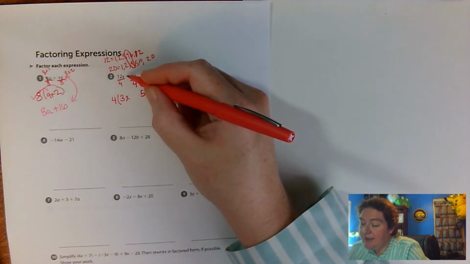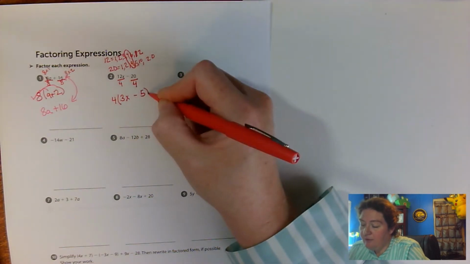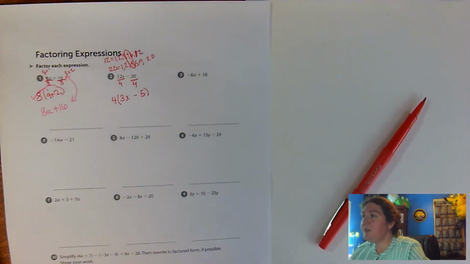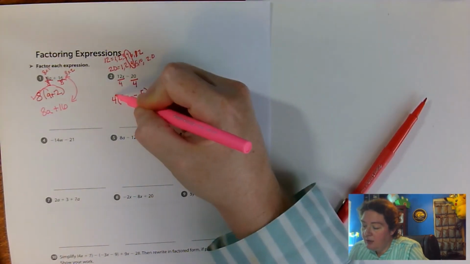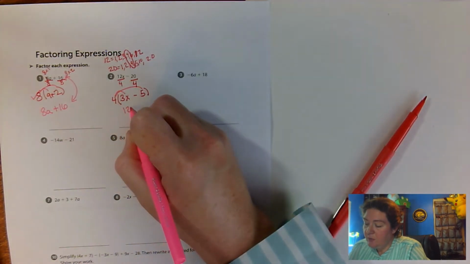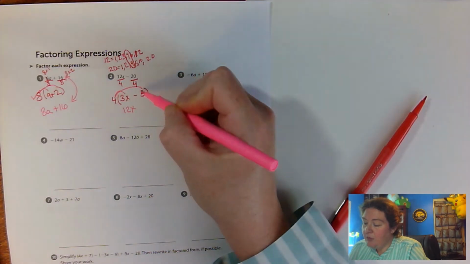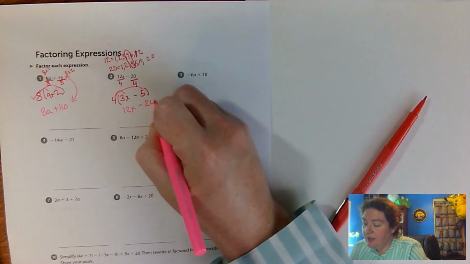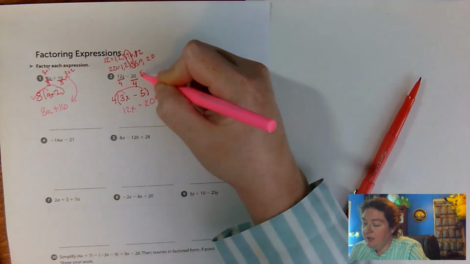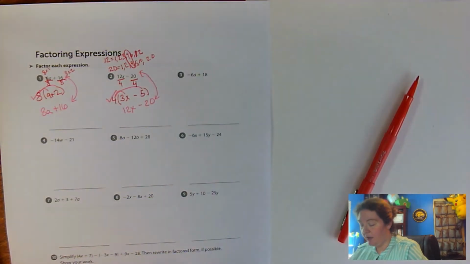That's a negative 20, so my 5 is negative. And just to check myself, just to make sure that I'm right, 4 times 3x gives me 12x. 4 times negative 5 gives me negative 20. This answer and this answer are the same, so I know that I'm right.